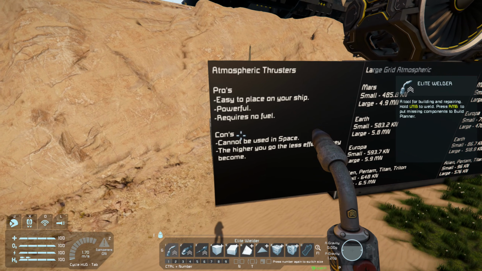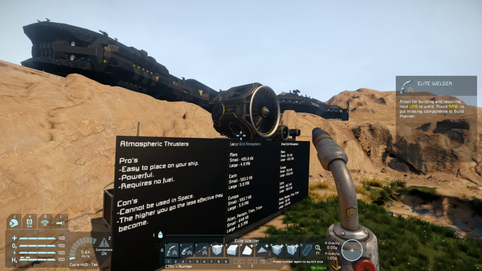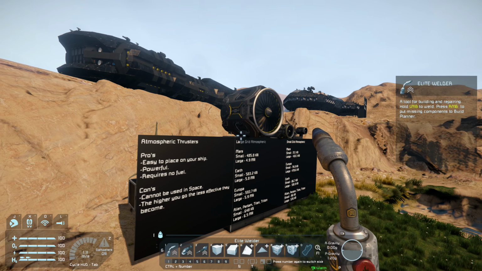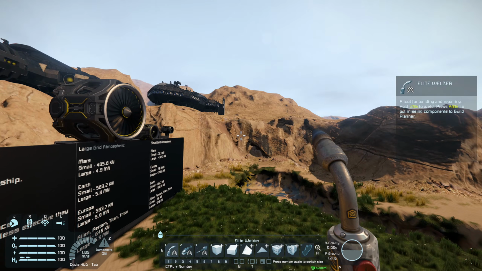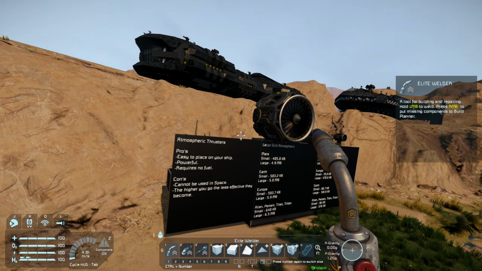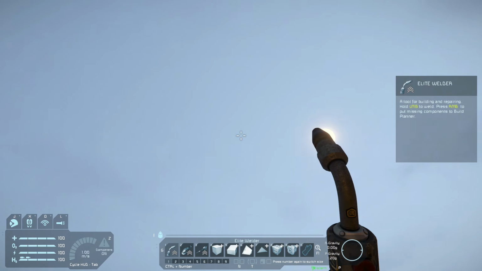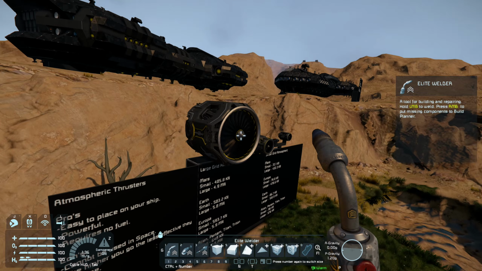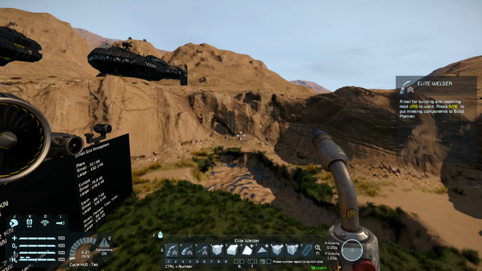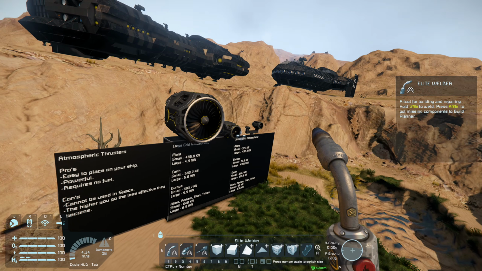So the cons are that obviously they can't be used in space, and also the higher you go in an atmosphere, the less effective they become. So at a certain point you will reach high enough in the atmosphere where these thrusters no longer work. So you need to keep that in mind.